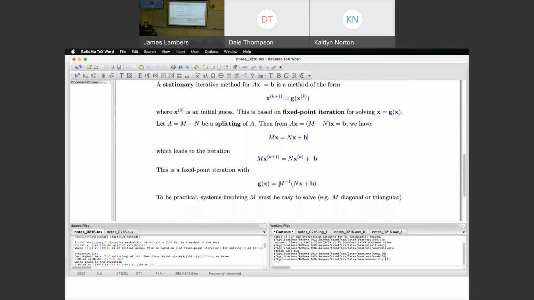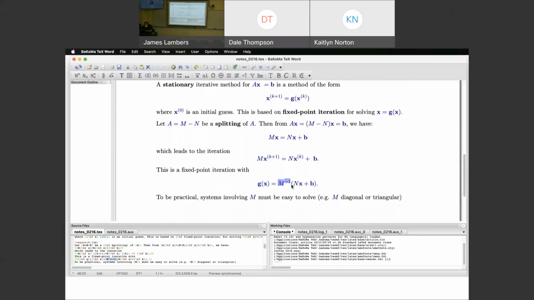Now, of course, this system needs to be solvable without much effort. We're trying to avoid direct methods, so we certainly don't want to use them here. If it's a matrix of nice structure, like a diagonal matrix or a triangular matrix, then this doesn't take much work. It must be easy to evaluate this function for whatever x.